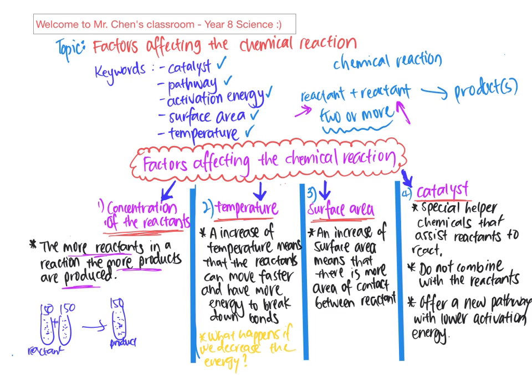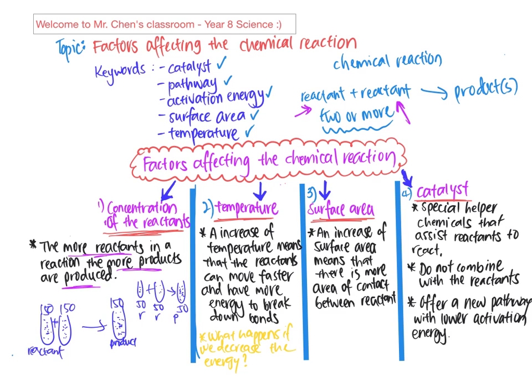Compared to if you only put in 50 reactant and 50 reactant, you will definitely only get 50 product. So that's how the concentration of the reactant affects the chemical reaction. Plain and simple: the more reactant you put in, the more product you're going to get. As simple as that.